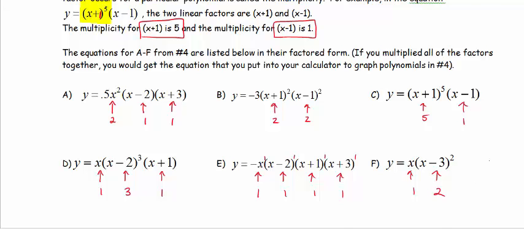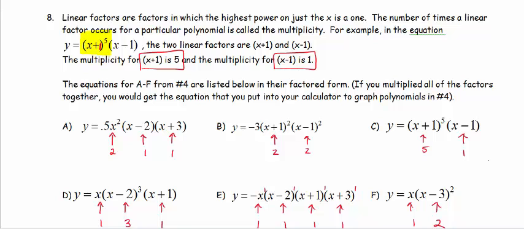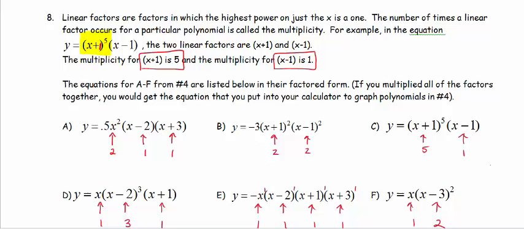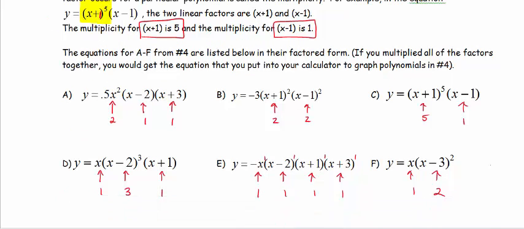Now, when you look at the factored form, you start to be able to see what those numbers are, had we been accurate in our graphs. If you were to solve each of these factors and set x minus 2 equal to 0, you would get x equals 2 as a root. Or if you set x plus 1 equal to 0, you would get x equals -1 as a root.